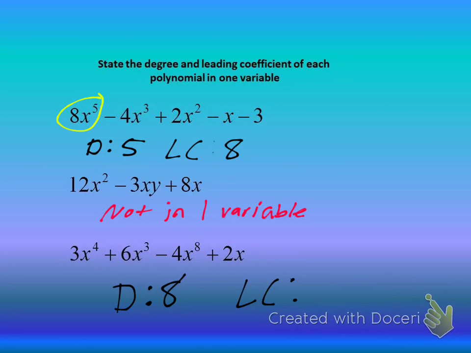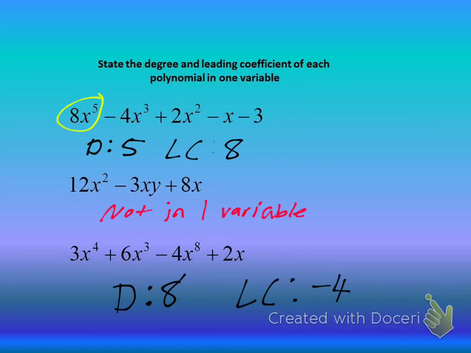Okay, 8. Now, my question is then, what's the leading coefficient? So what is it? -4. Okay, the leading coefficient is going to actually end up being -4, because remember what the leading coefficient is.